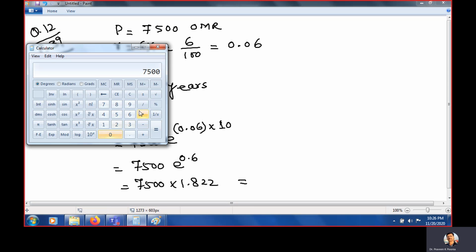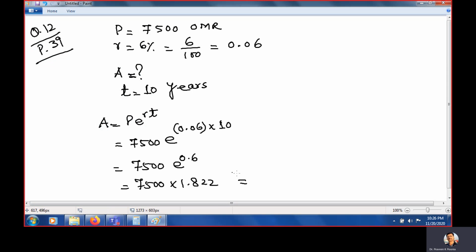Okay, let us do it. Multiply by 1.822. It is 13,665 Omani Riyal.